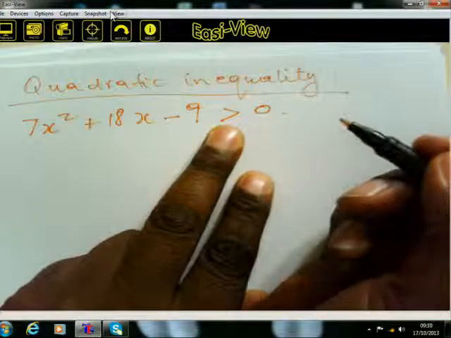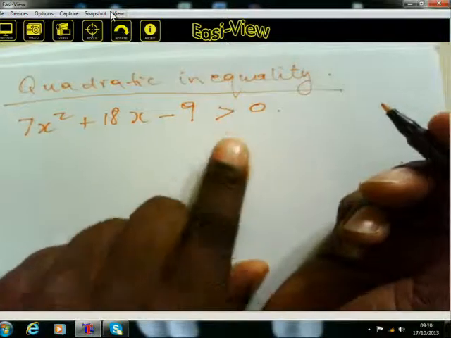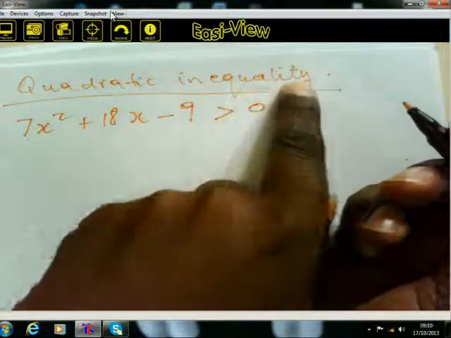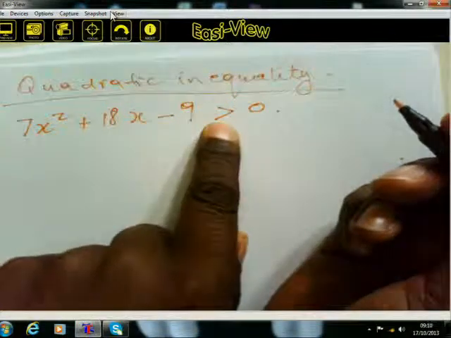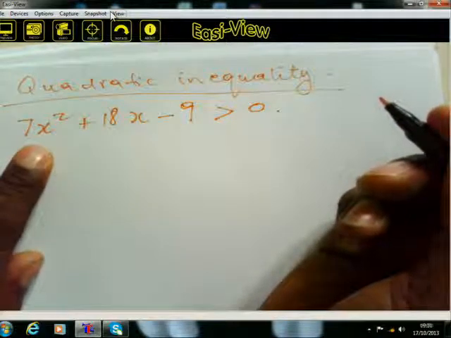Remember that I said an equation has an equal sign, but this one does not have an equal sign. It has an inequality. Greater than is an inequality. Therefore, we are going to call it a quadratic inequality.